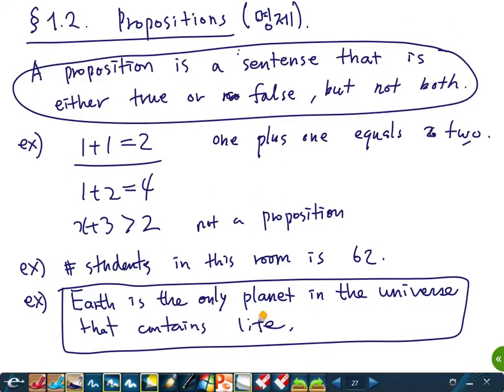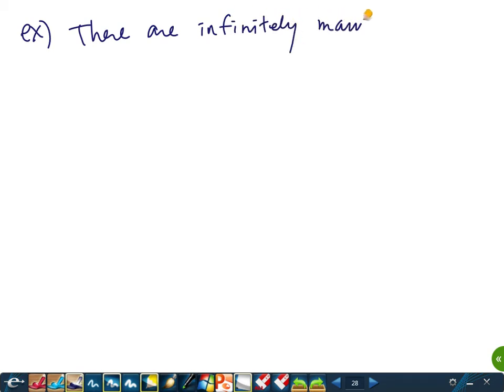So in this definition, this is truly a proposition. It's a proposition, not a problem at all. We just don't know this. So for instance, let me do this one more time. There are infinitely many twin primes.